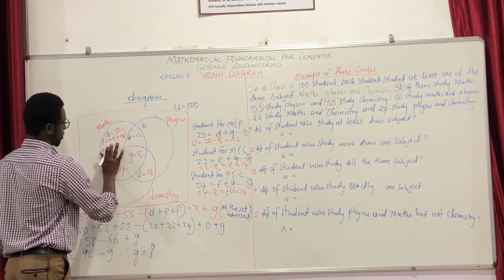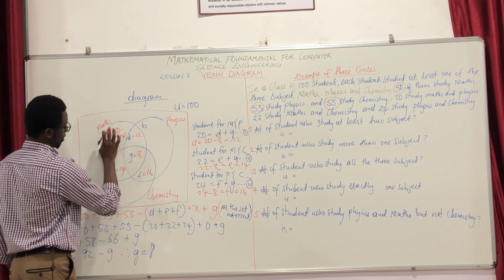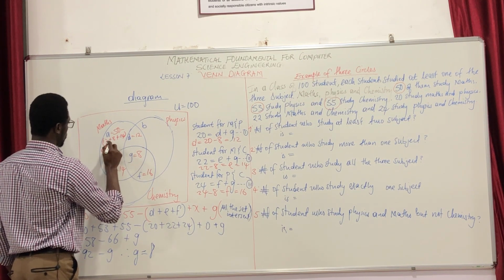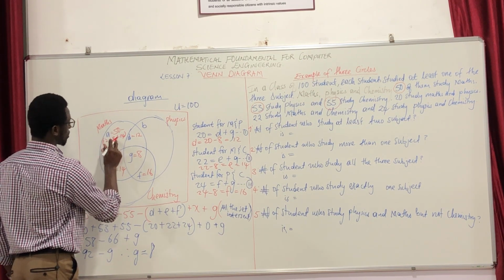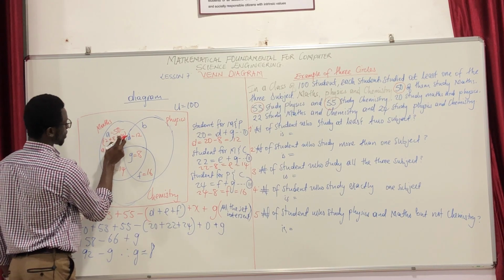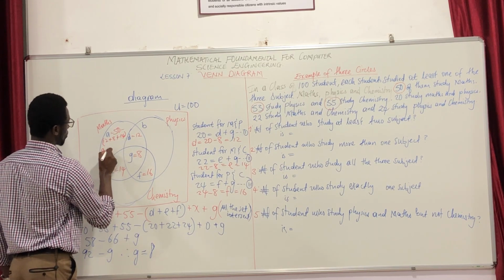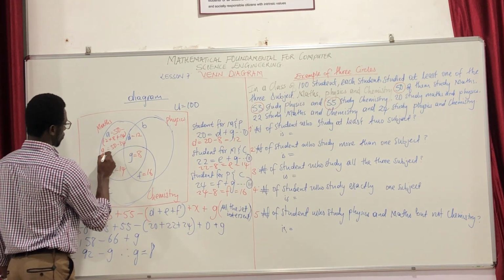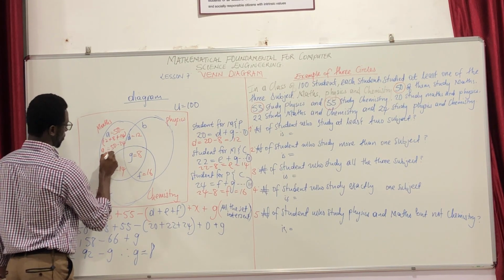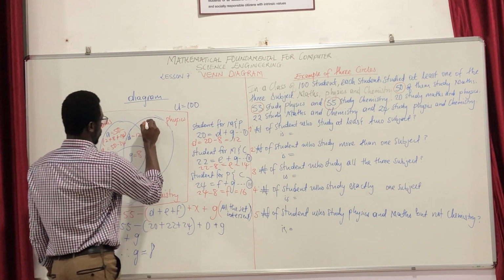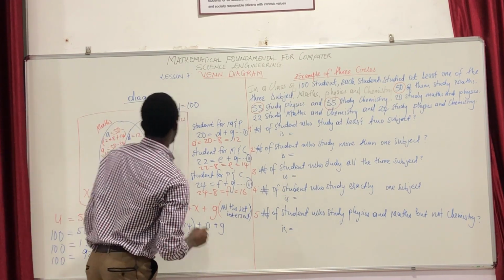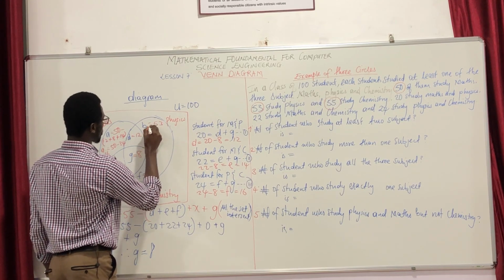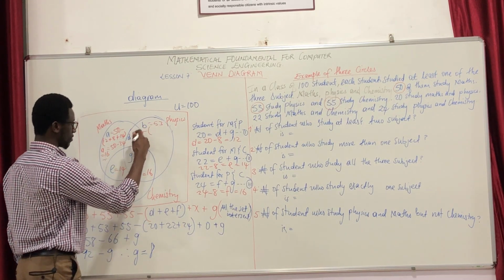Let's just give the answer. Here, 50, we add 20 plus this is 34. So A equals 50 minus 34. So this is 16. So our B is 53. 53 minus, we add this one.